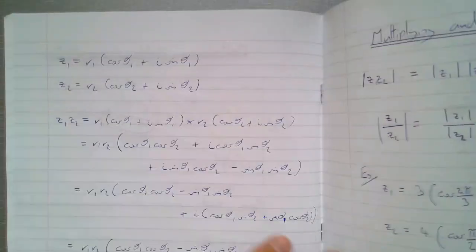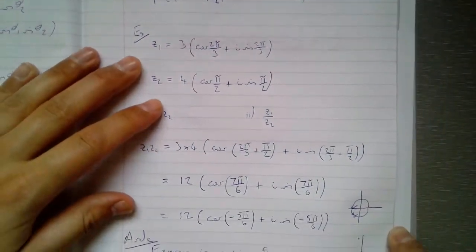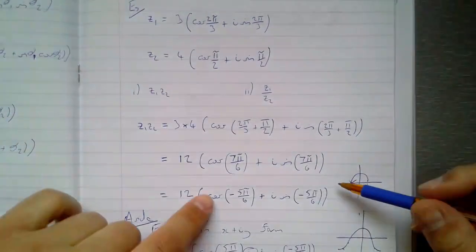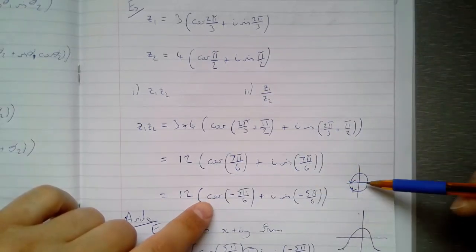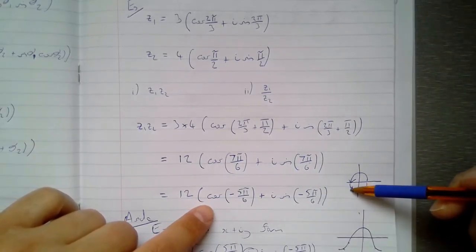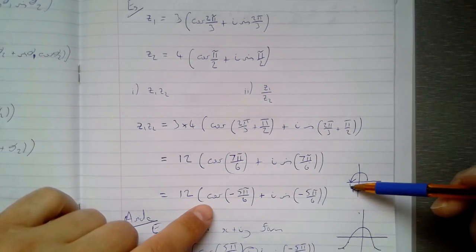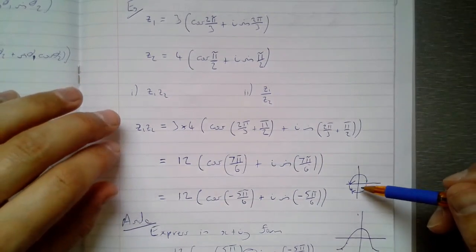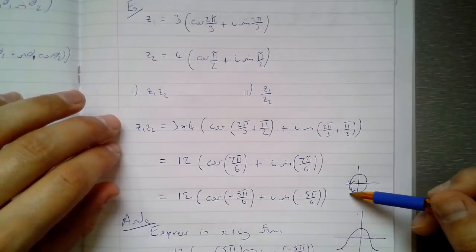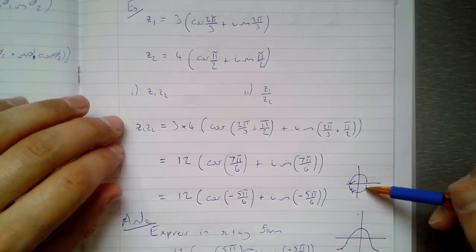Just one note back on this bit. I'm not sure if I went through this bit properly. Well, I went through it properly in terms of trying to convert this into something between pi and minus pi. As far as A level is concerned, that's true that we go between pi and minus pi. However, if you start to study maths longer term, you can just go round in the positive direction always if you want to.